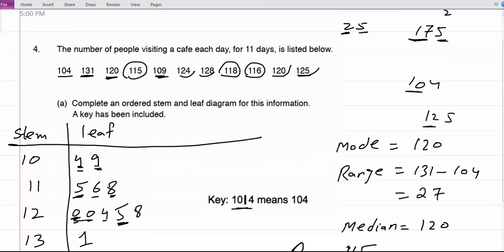Let me check if I have any other type of question that we did not take. But these are the main things that you have to take for any stem and leaf diagram. Sometimes the stem and leaf diagram is given and you are asked to calculate certain values. For example, the next question that I'm going to take, it has been given.